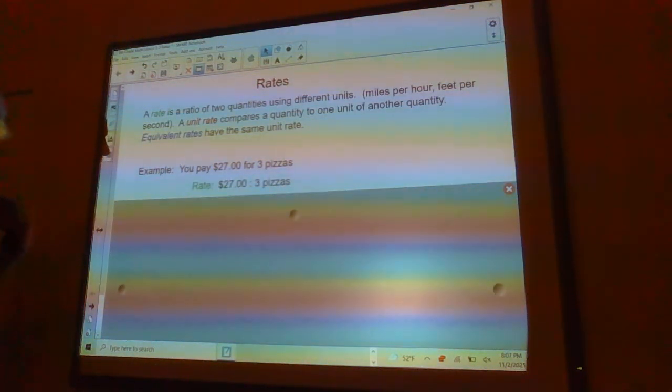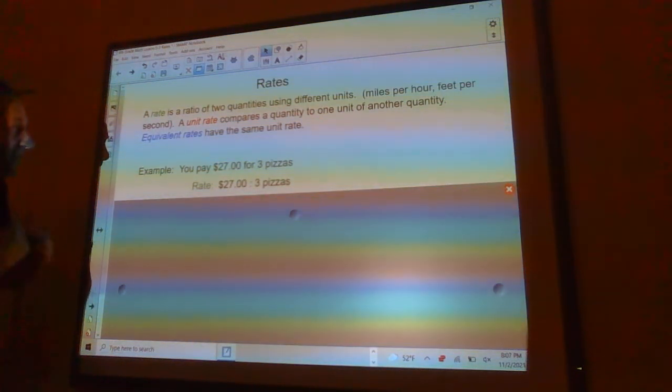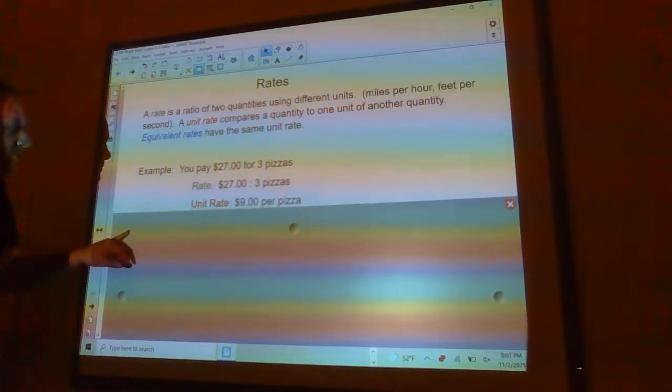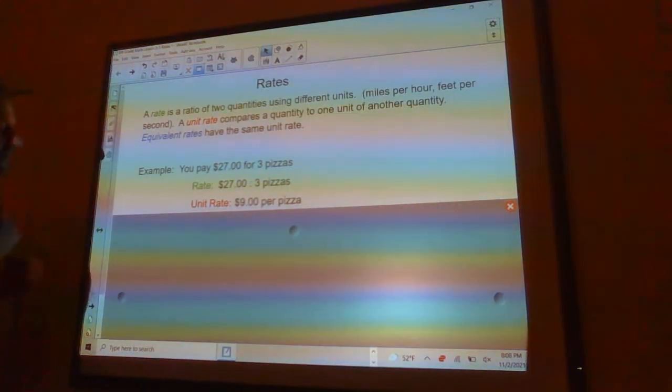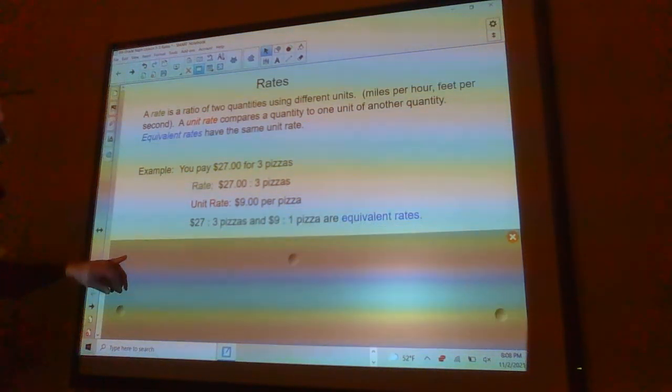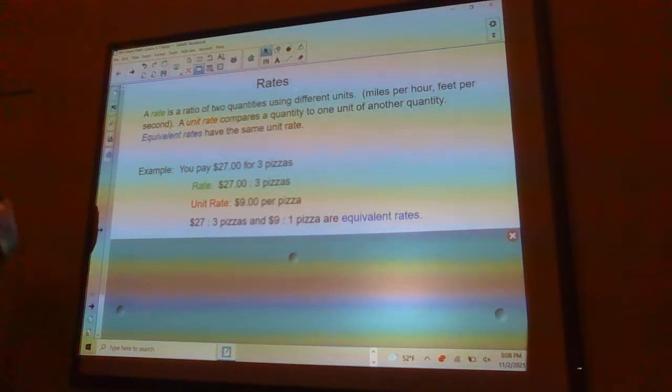Your rate is $27 to 3 pizzas. That's the rate. But you can change that to a unit rate. That's $9 per pizza. Okay, that's your unit rate. $27 to 3 pizzas and $9 to 1 pizza, those are equivalent rates.